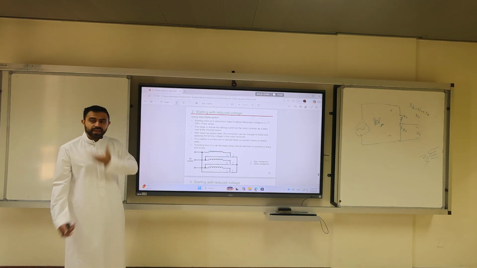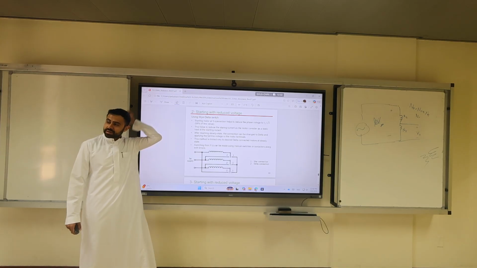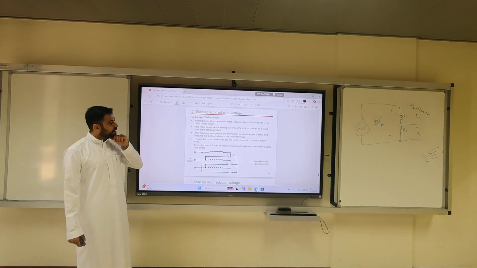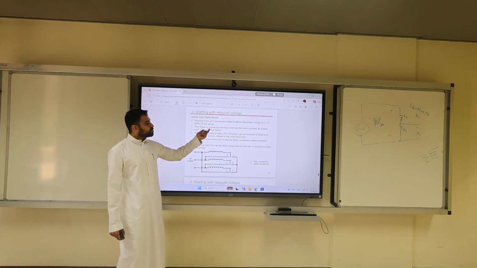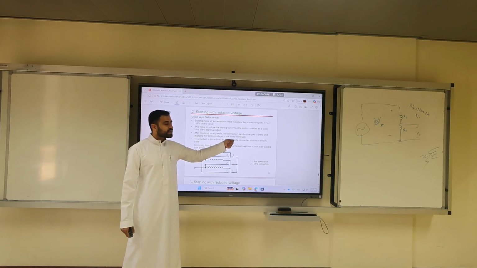How to do this without messing with the wires, like what you do in the lab? In the lab, you mess with the wires? Yes. So how to do it? There is another technique said we can reduce the starting current by using Y delta. This method is only limited to delta motors.